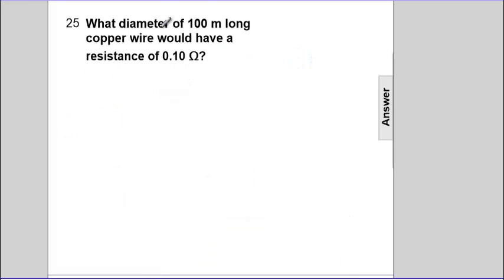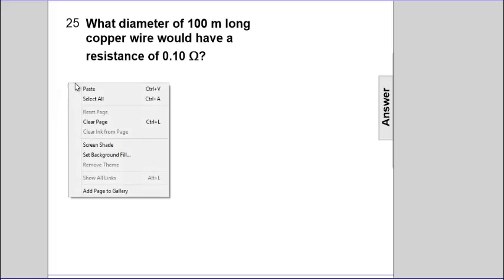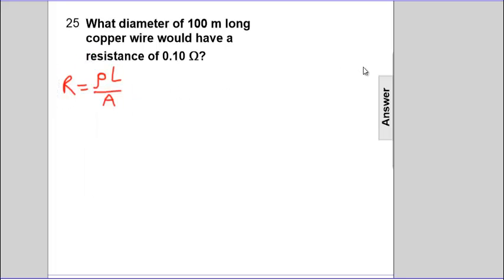What is the diameter of a 100 meter long copper wire that's found to have a resistance of 0.1 ohms? This is a tricky problem, so we'll walk our way through this. We're given the fact that resistance is rho L over A, so we need to figure out what the diameter is.